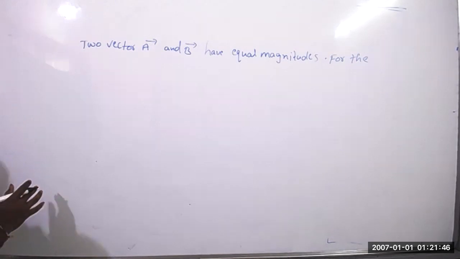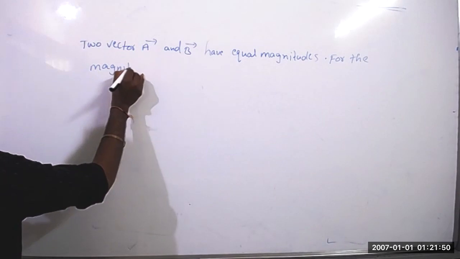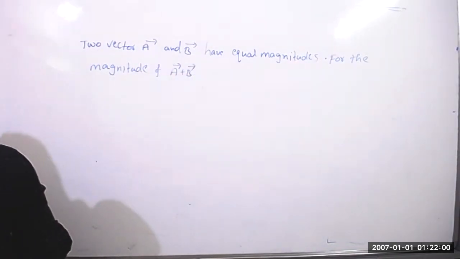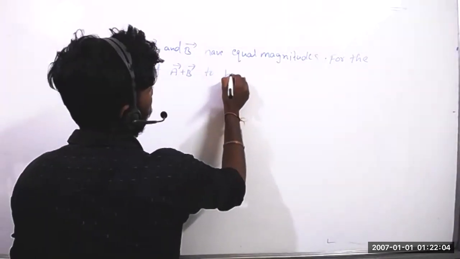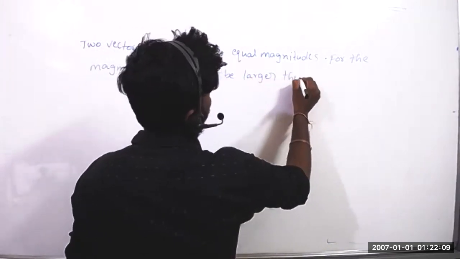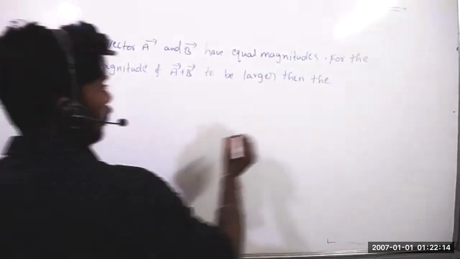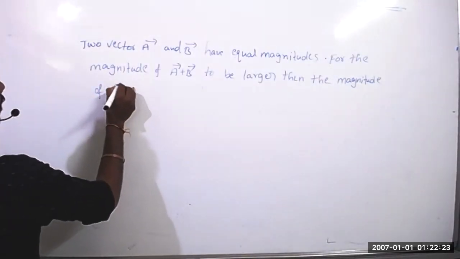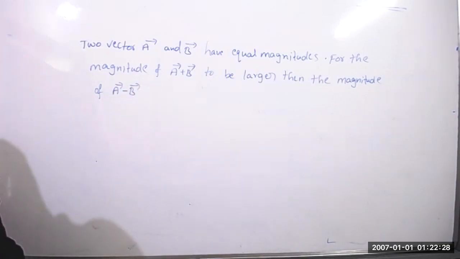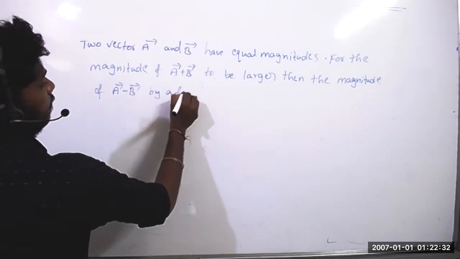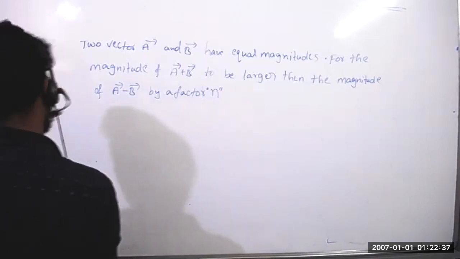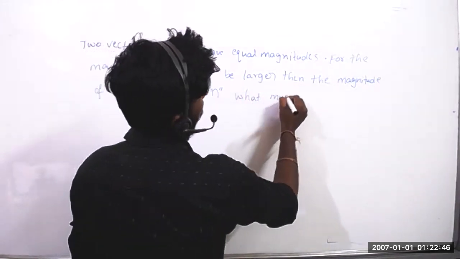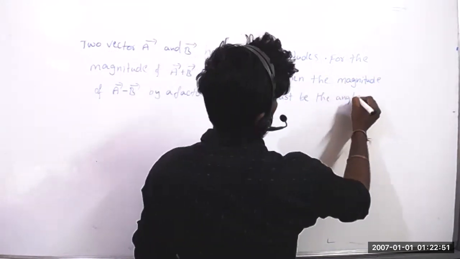For the magnitude of A bar plus B bar to be larger than the magnitude of A bar minus B bar by a factor n, by a factor small n, what must be the angle between them?